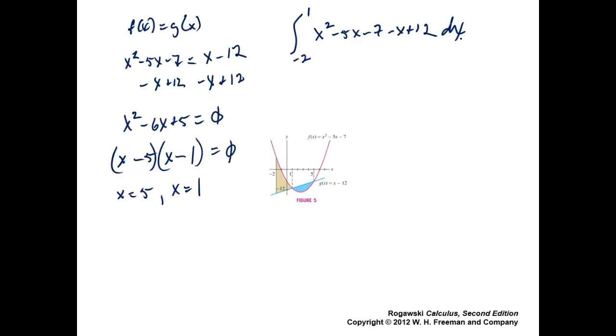Which basically gives you exactly what we got before, the integral from minus 2 to 1 of x squared minus 6x plus 5 dx. Plus the second part of the integral would be from 1 to 5, and that would be what?